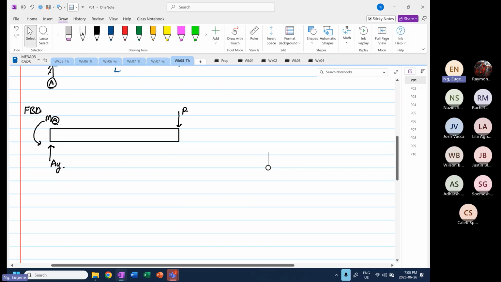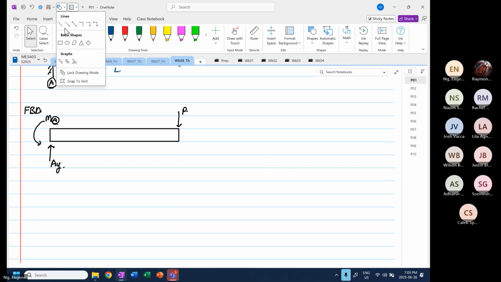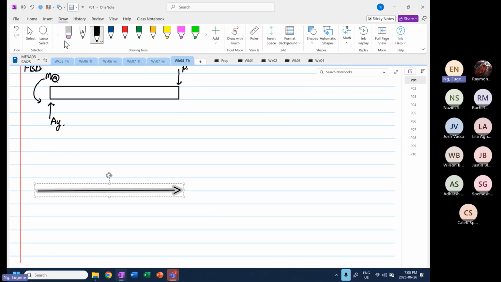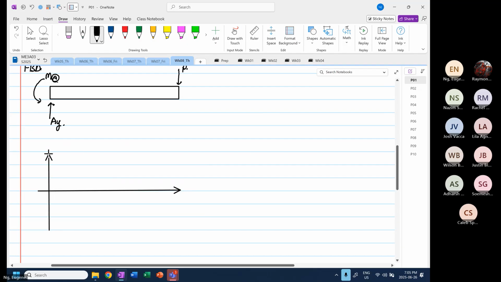If we were to now sketch our shear force diagram, so this can be V, which is our shear force, and it also can be M, which is our bending moment.